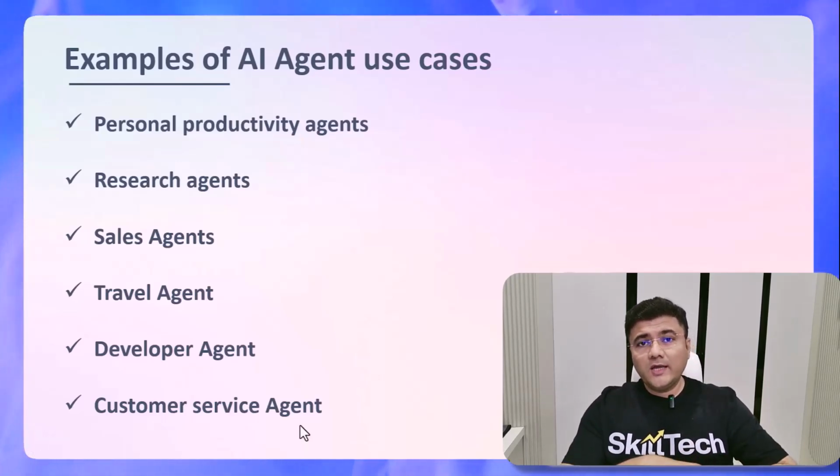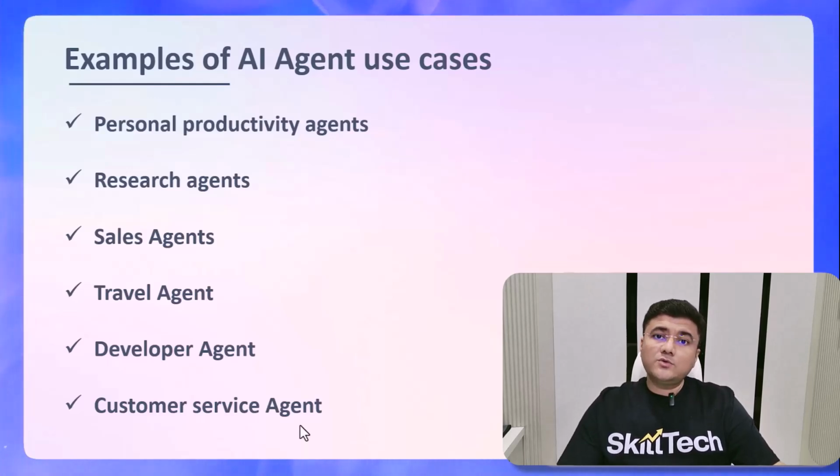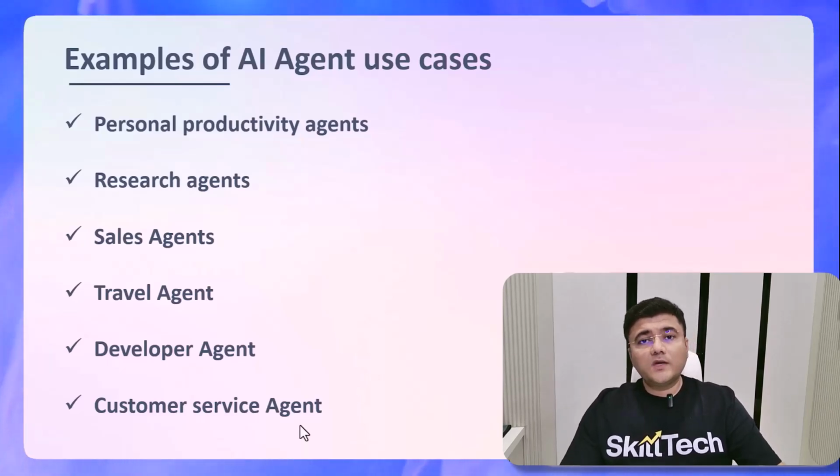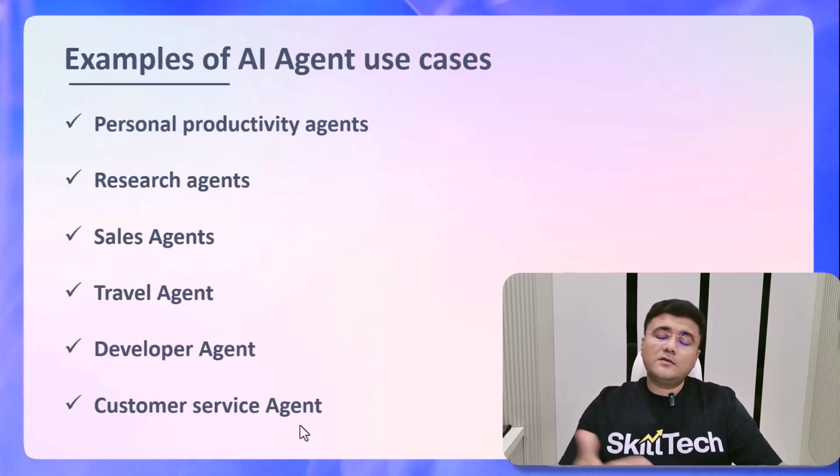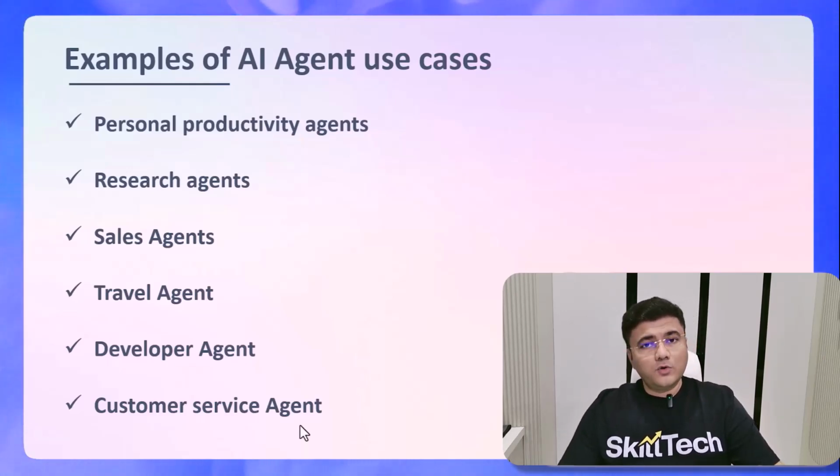So it can not only give you support, it can also do actions and tasks for you. All these are some examples of AI agent use cases. Even your modern generative AI applications like Copilot are nothing but AI agents. When you ask Copilot to do certain tasks, it's smart enough to understand that and smart enough to perform the task to achieve the goal.